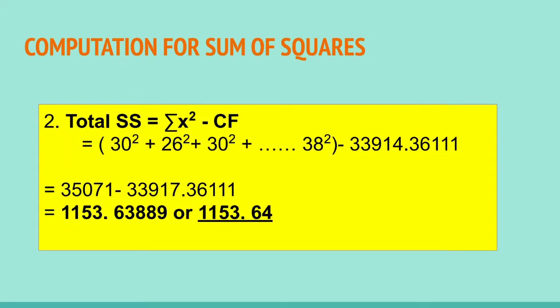Computation for sum of squares. So in number 2, the formula is total SS is equal to the summation of x squared minus CF.